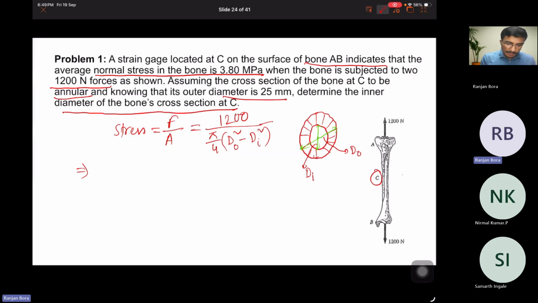So if we put the stress value as 3.8 Pascal and force as 1200 Newton, we'll take 4 for the numerator, pi, outer diameter is 25 square minus.